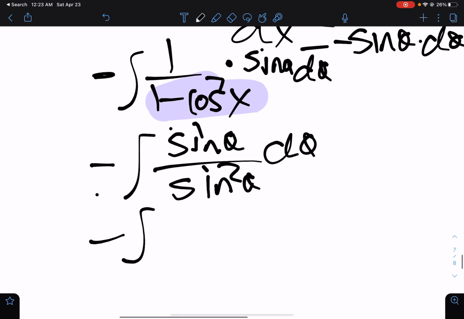Now, I'm going to bring it to the denominator because I do not know the integral of sine theta to the negative 1. Sorry, I'm just going to write it like this.